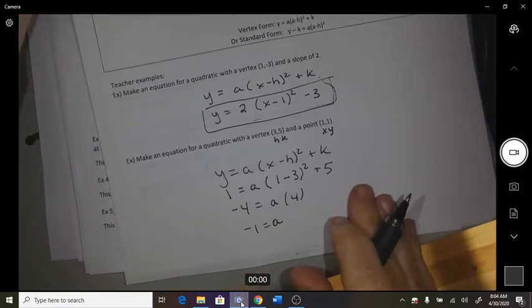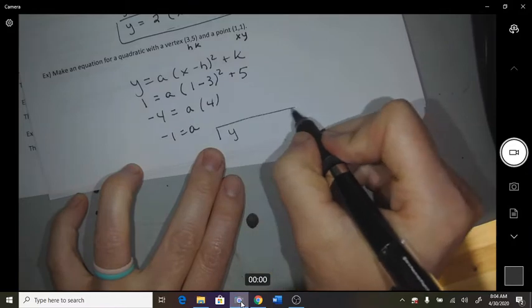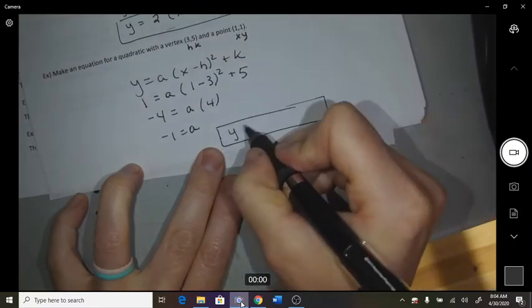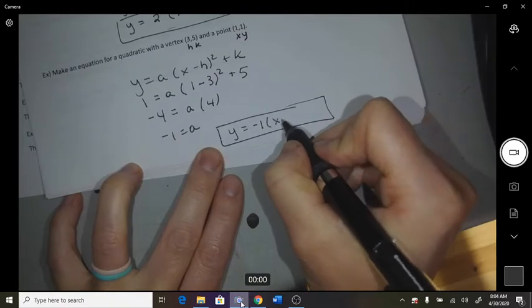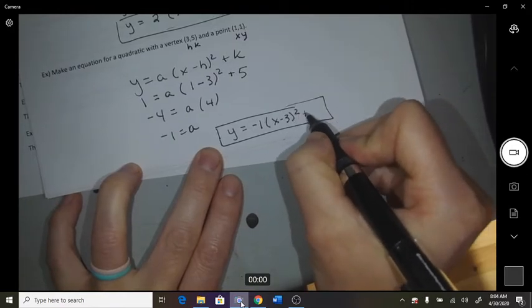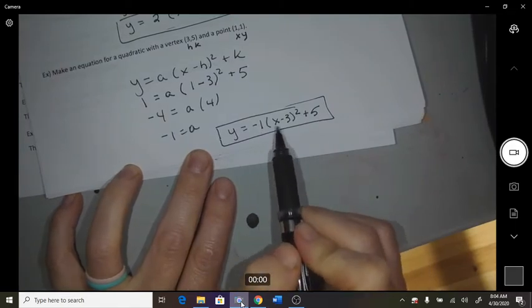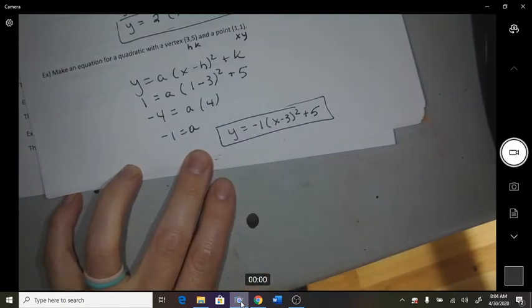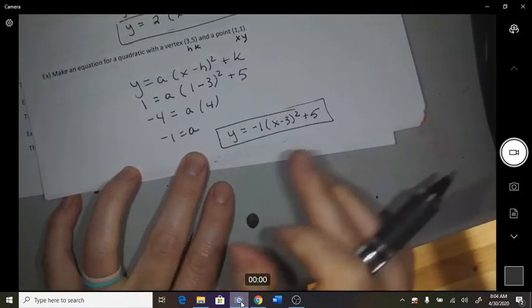So you would need a final answer of y equals -1, x minus 3 squared plus 5. Like I said, you need your slope and your vertex, because those don't change, but the x and the y, you can input various points in.